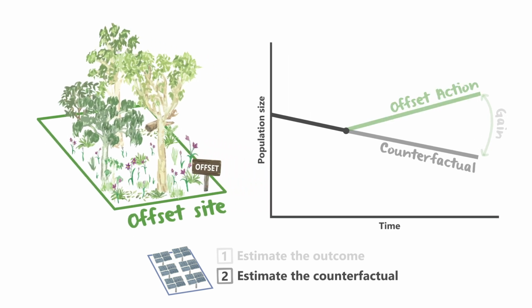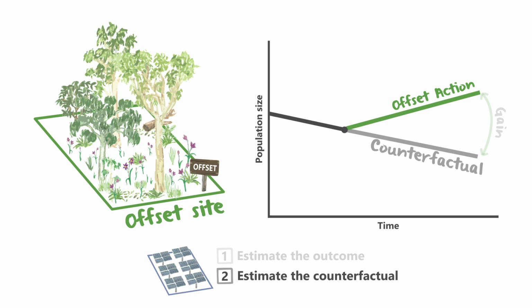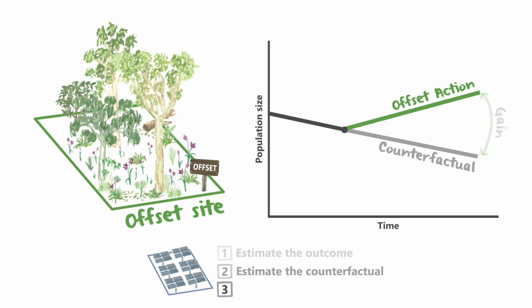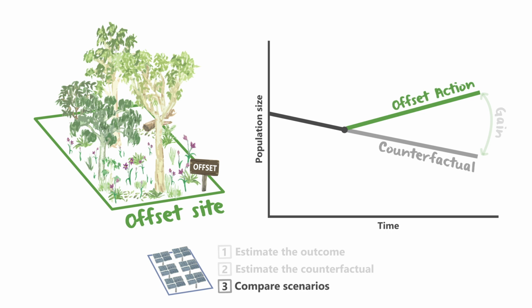Now that we have estimated our offset action scenario and our counterfactual scenario, the third step is to compare these two scenarios, and the gain attributable to the offset action is then determined by the difference between the two. For example, we may estimate an outcome of 20 plants at our site in the offset action scenario after the new fire regime has been implemented for 10 years, while we might estimate that there would otherwise have been 8 plants in 10 years' time under the current fire regime, the counterfactual scenario.